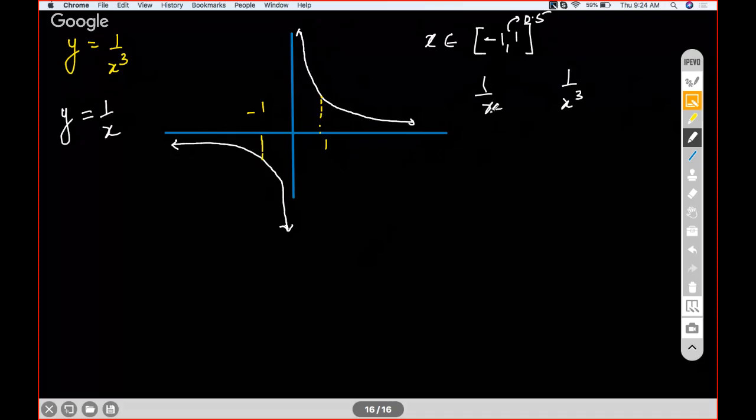Which will be greater? 1 by 0.5 cube is 8, but 1 by 0.5 is 2, so it will be 1 by x cube. Correct. So the graph of 1 by x cube will be higher in this zone. But the moment you cross 1, let's say you become 2, the graph will fall down like this.